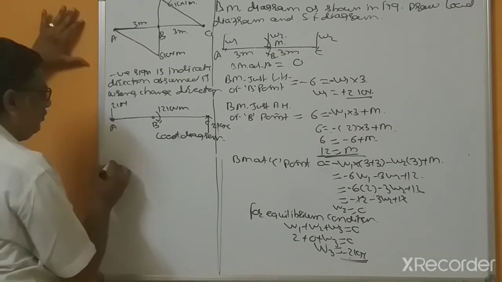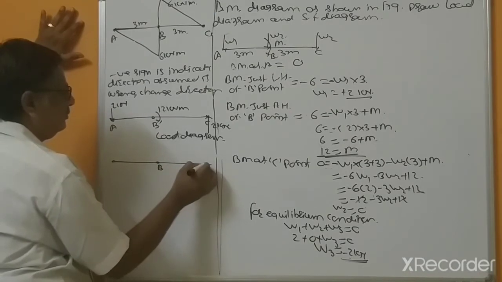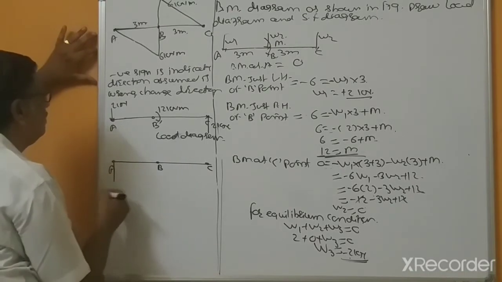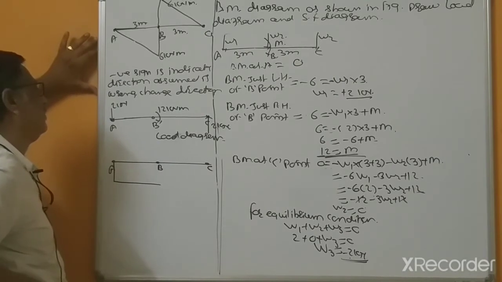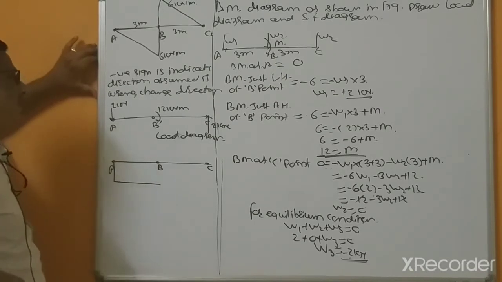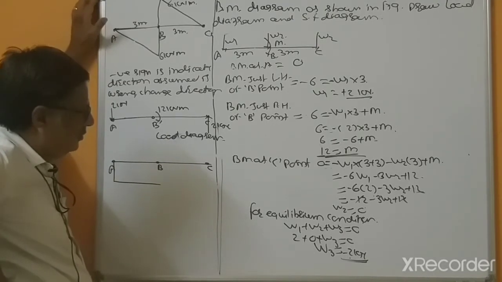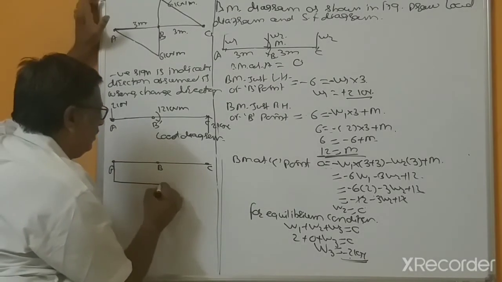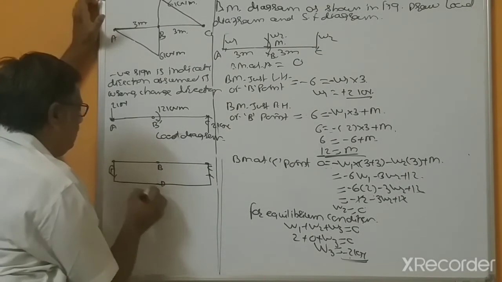Now for the shear force diagram, at A point 2 kilonewtons downward, A to B, okay, at B point again there is no force, so that's why this is your shear force diagram.